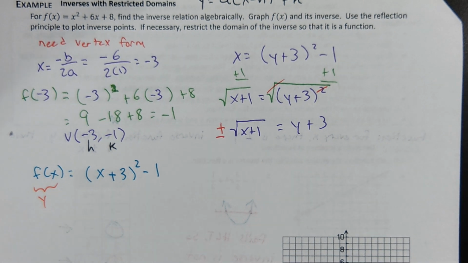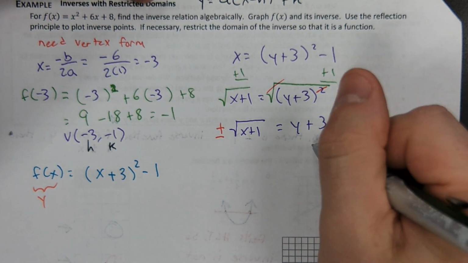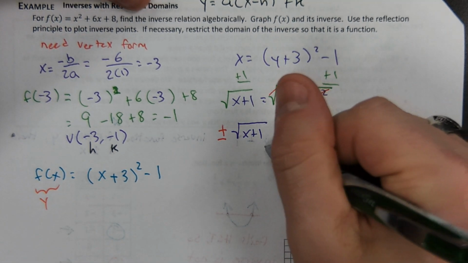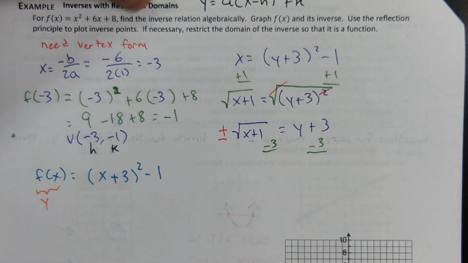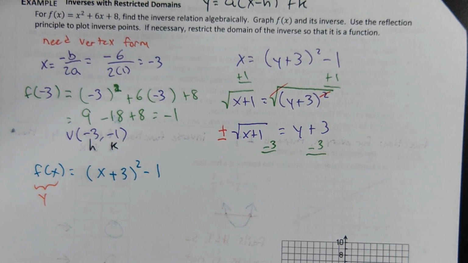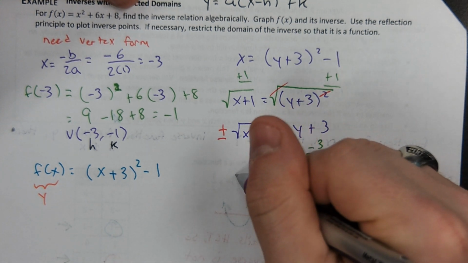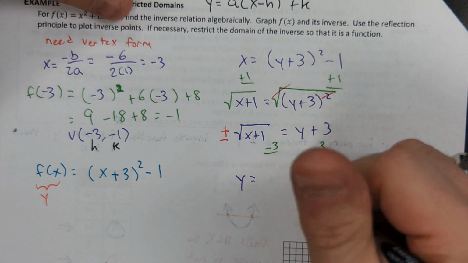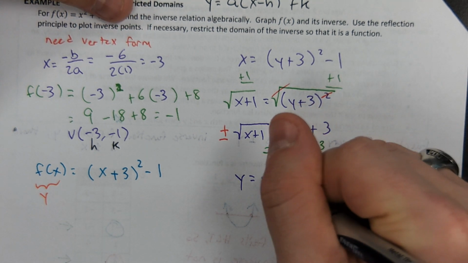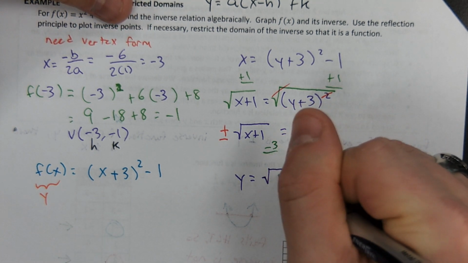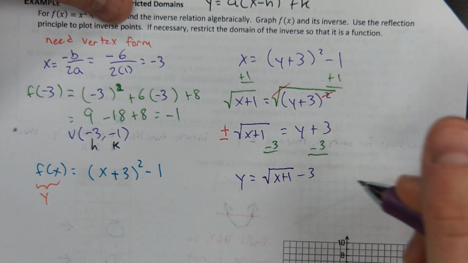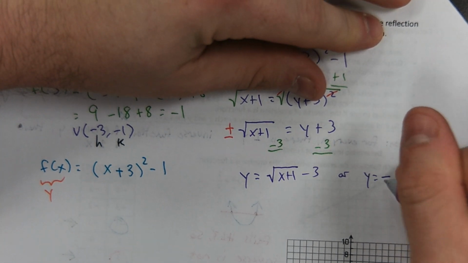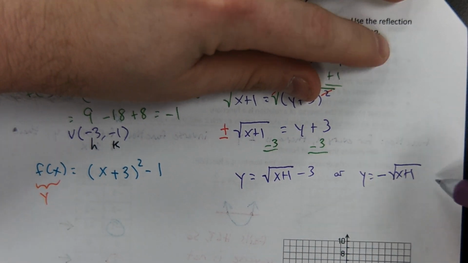You get y alone by subtracting 3 from both sides. Now you don't know y yet, but put that minus 3 to the right of the radical. And I'm just going to flip them over because I like my y's on the left. We get y equals 2 different things. Positive square root of x plus 1 minus 3, or negative square root of x plus 1 minus 3.